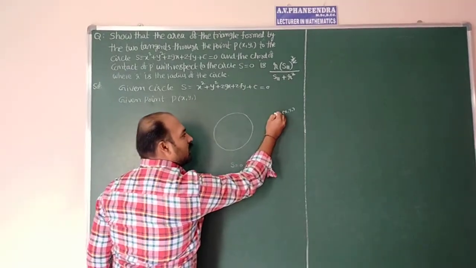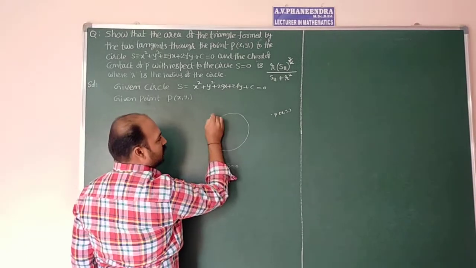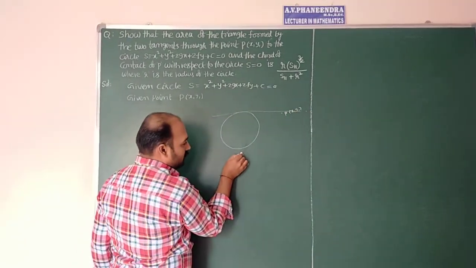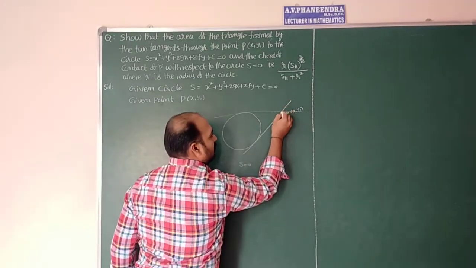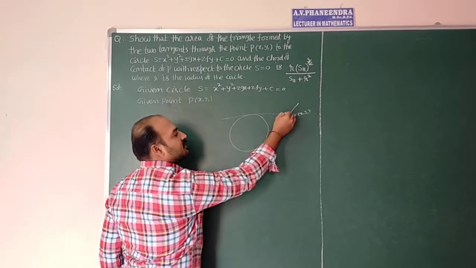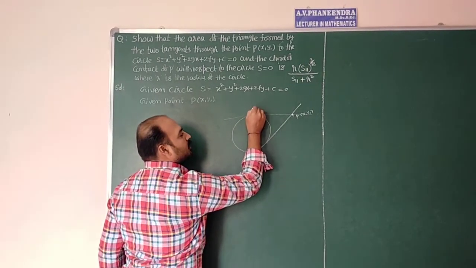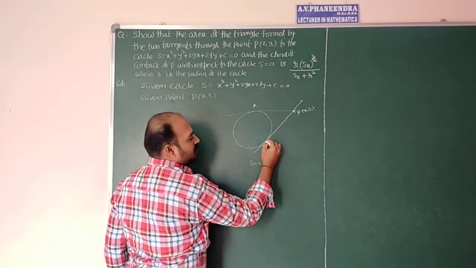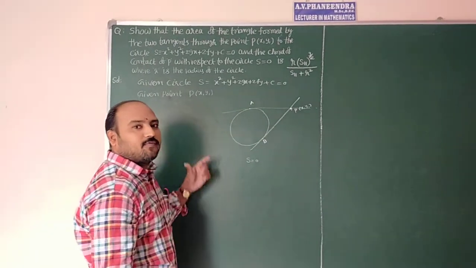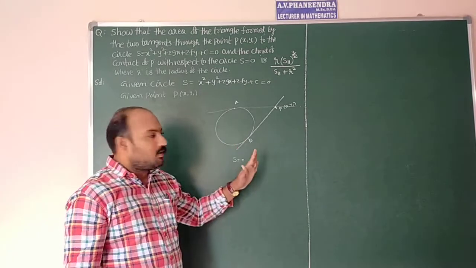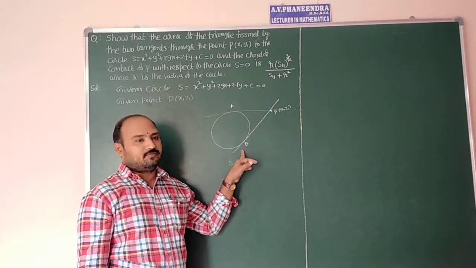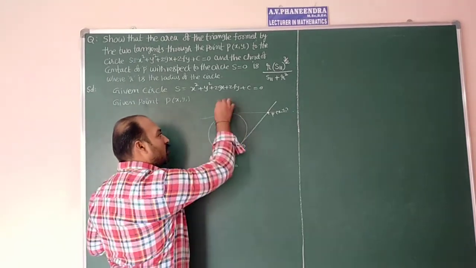From point P, you draw the tangents to the circle. This is one tangent. This tangent touches the circle at the point A, and this tangent touches the circle at the point B. We know the definition of chord of contact: the line joining the points of contact of these two tangents to the circle is called the chord of contact.